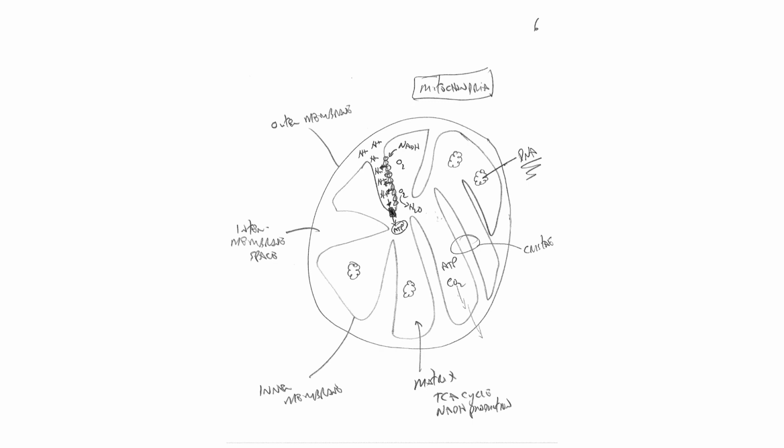Now, what's shown in my drawing, which wasn't shown in the previous drawing, is the fact that there's DNA. Mitochondria have their own DNA. Not only do they have their own DNA, but they have their own ribosomes, and they have their own transfer RNAs, and they carry out their own protein synthesis.